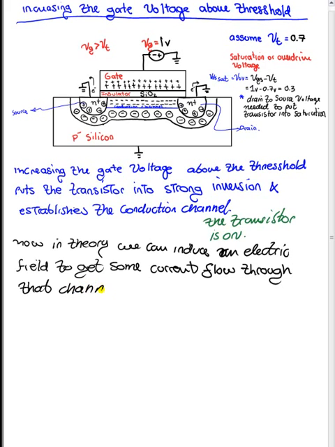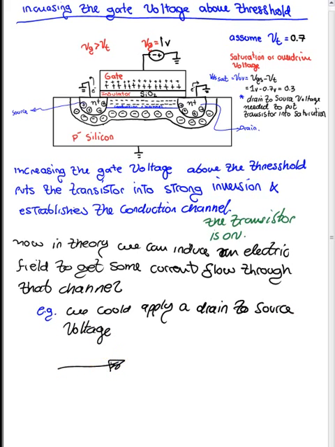For example, a way of inducing the electric field would be to apply a drain to source voltage, which is what we will be doing next.